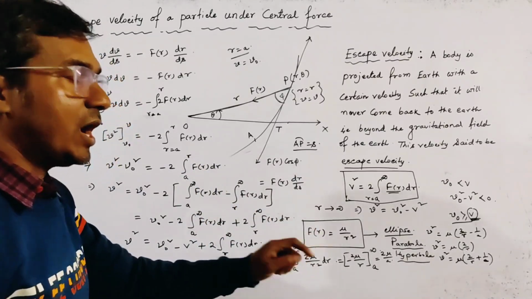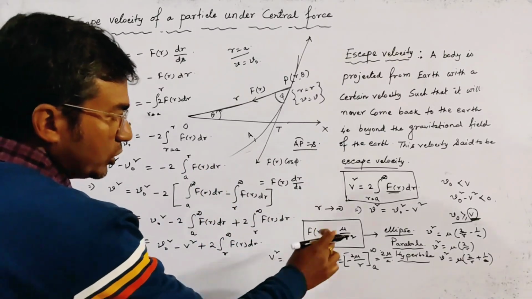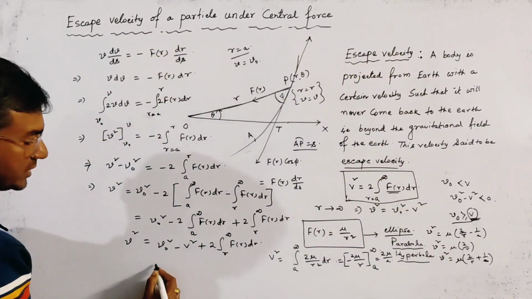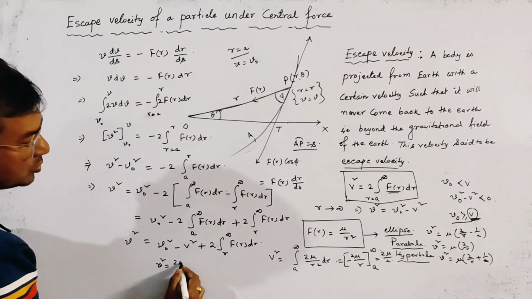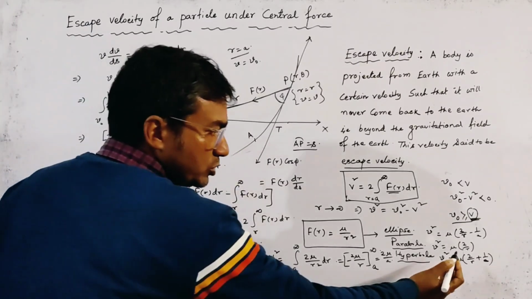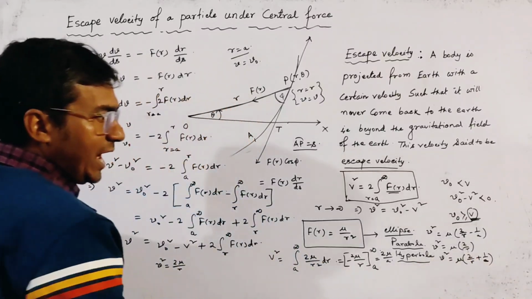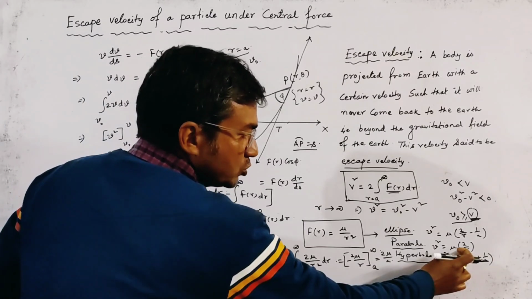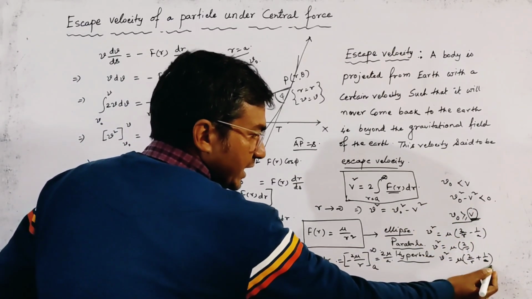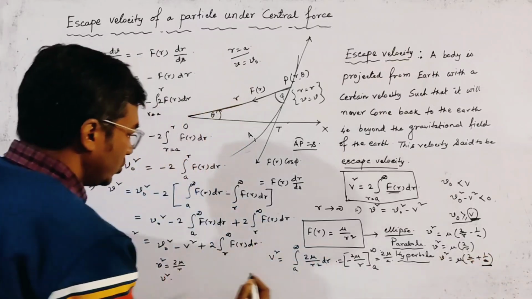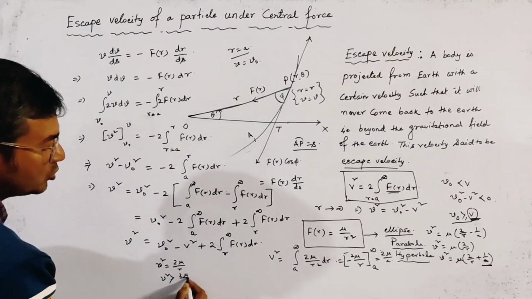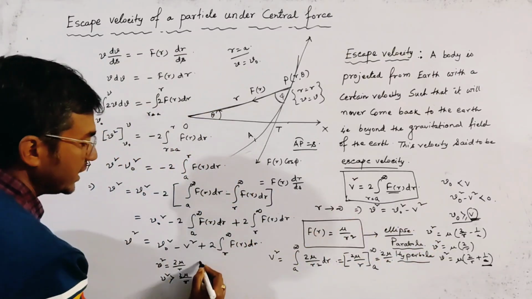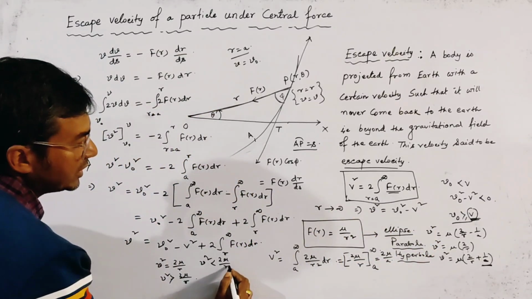If we put r in place of a, then for the parabolic orbit v square equals 2 mu by r. For the hyperbolic orbit, we add some quantity, so v square is greater than 2 mu by r. But in the elliptic orbit, v square is less than 2 mu by r.